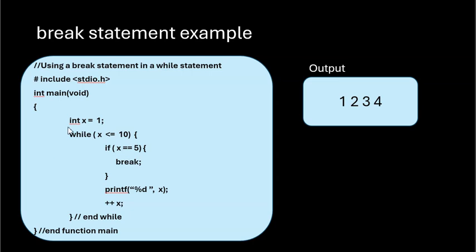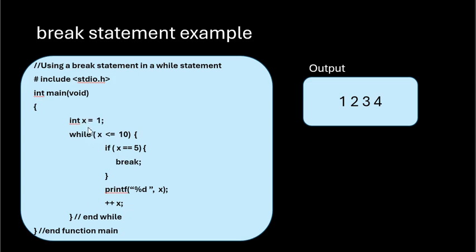Here we have the variable x that is initialized to 1. While x less than or equals to 10, as x equals to 1, we can go inside this while loop. Then here we have if x equals to 5, break. That means like this.